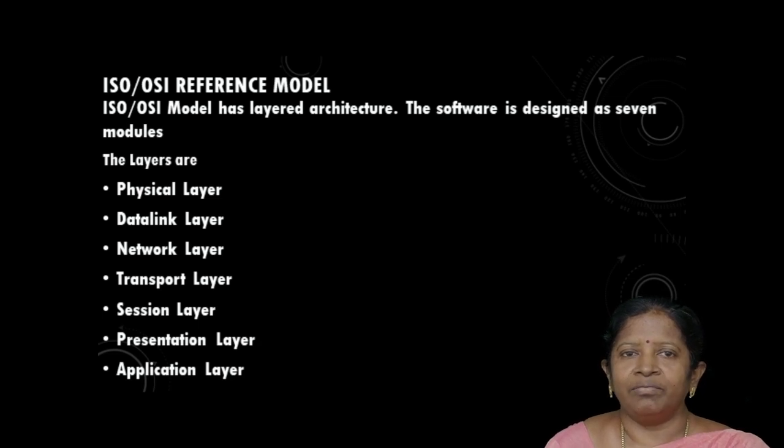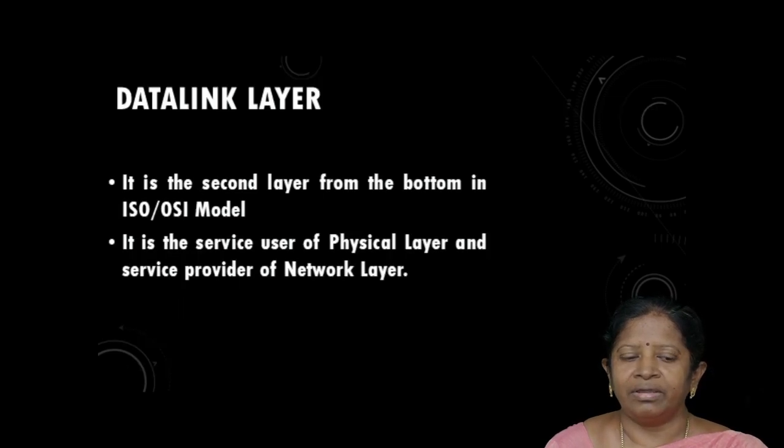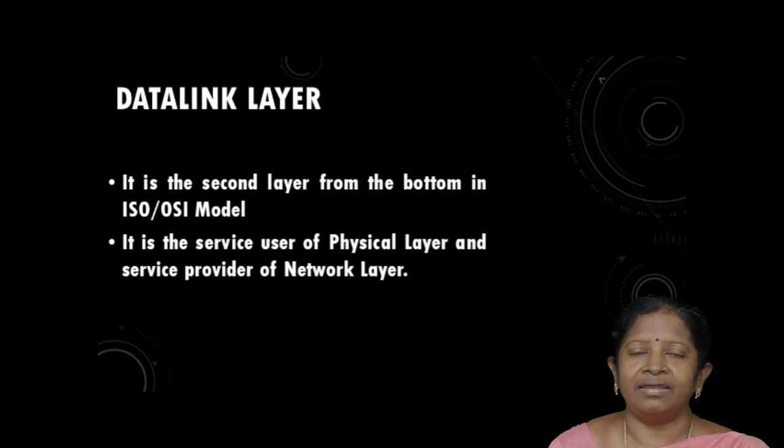At the bottom, we have the physical layer, then the data link layer, network layer, transport layer, session layer, presentation layer, and the topmost layer is the application layer. But today we are going to deal with frame management by the data link layer.